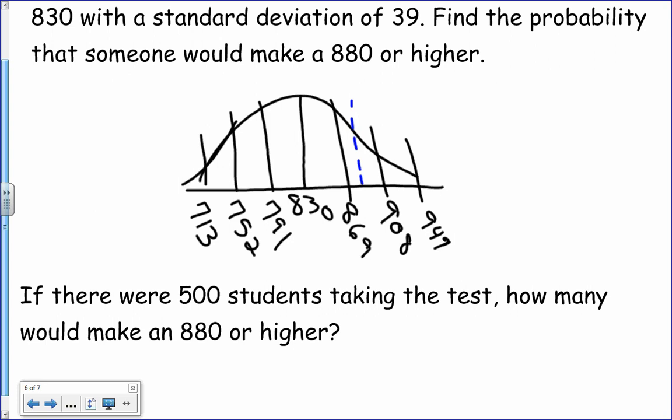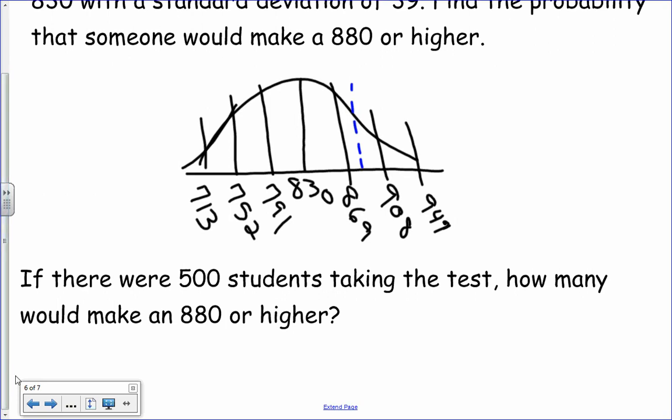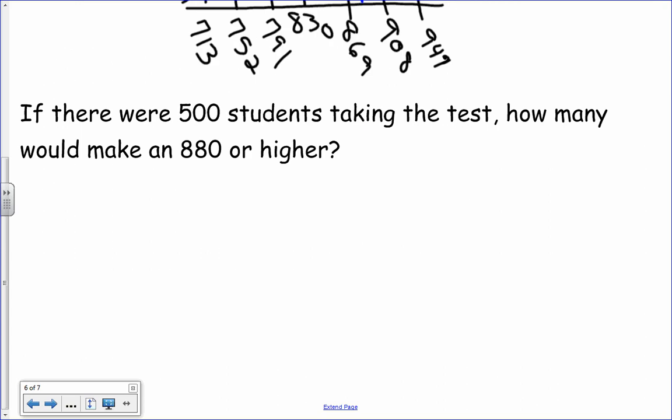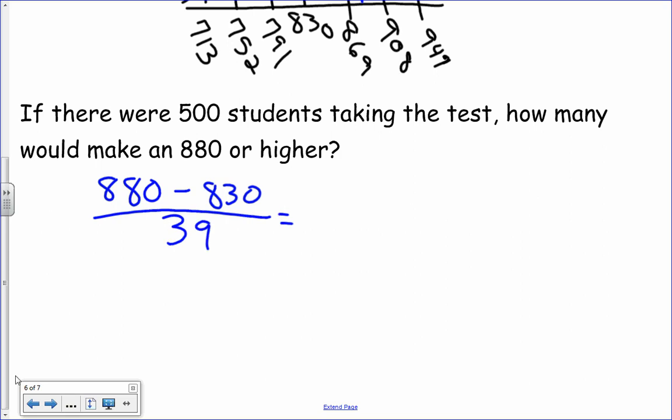It's way far over there on our curve. So let's do our z-score. So we want to know 880 minus, what's the average? 830. What's the standard deviation? 39. So we put that in, and we'll get a decimal to, as best we can, 2 spots.